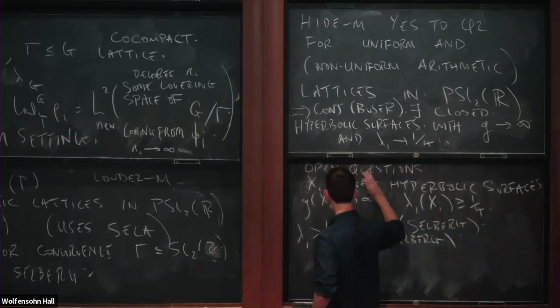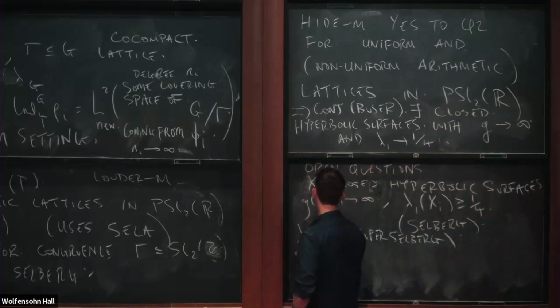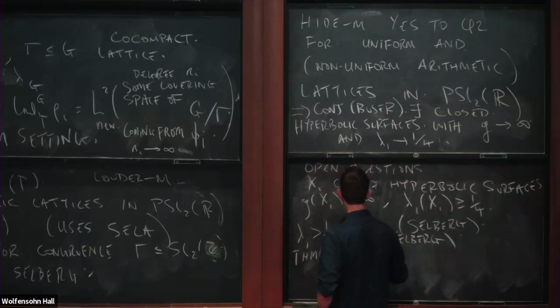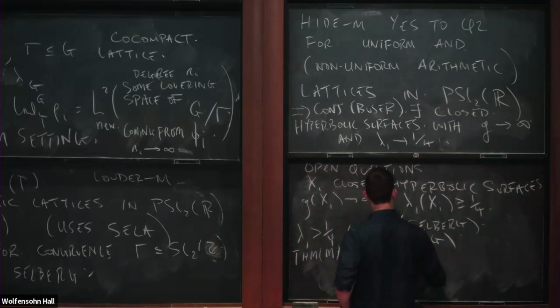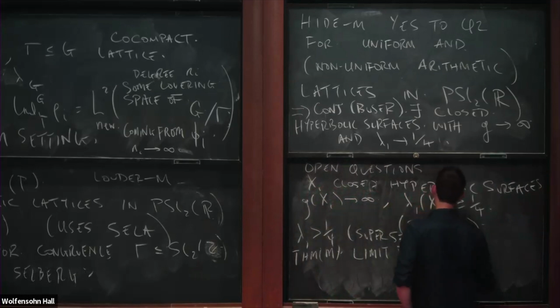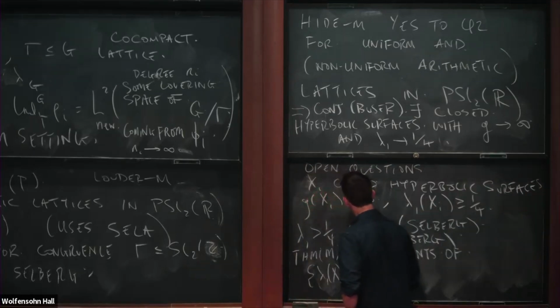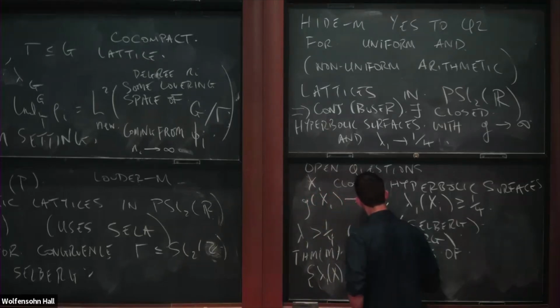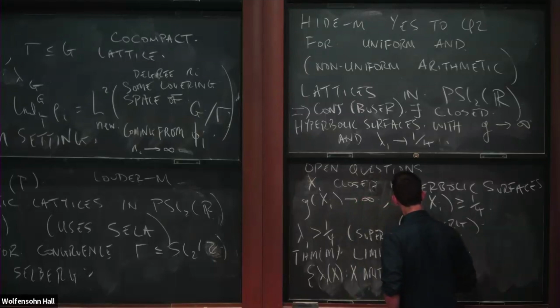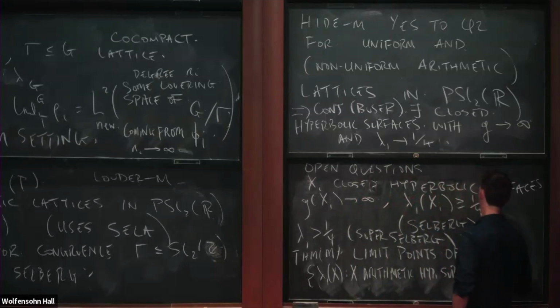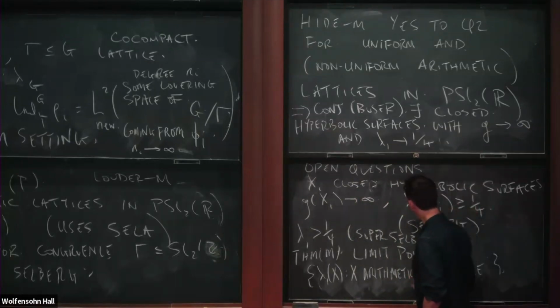Answering a question of Peter, I proved, let's make it a theorem: the limit points of the collection of lambda 1 of x, such that x is an arithmetic hyperbolic surface, are all, or equal to, the whole interval 0 to 1/4.